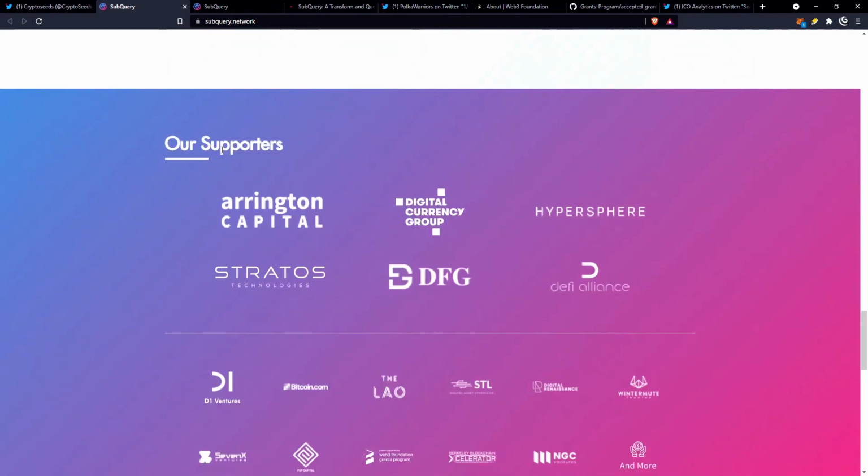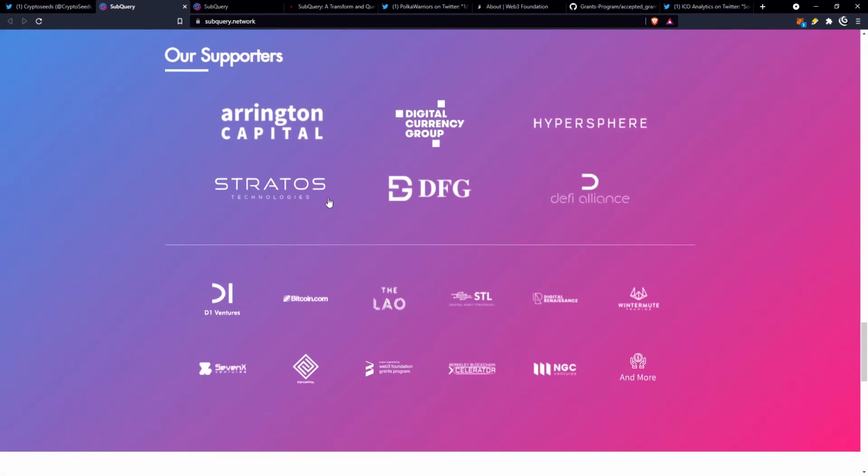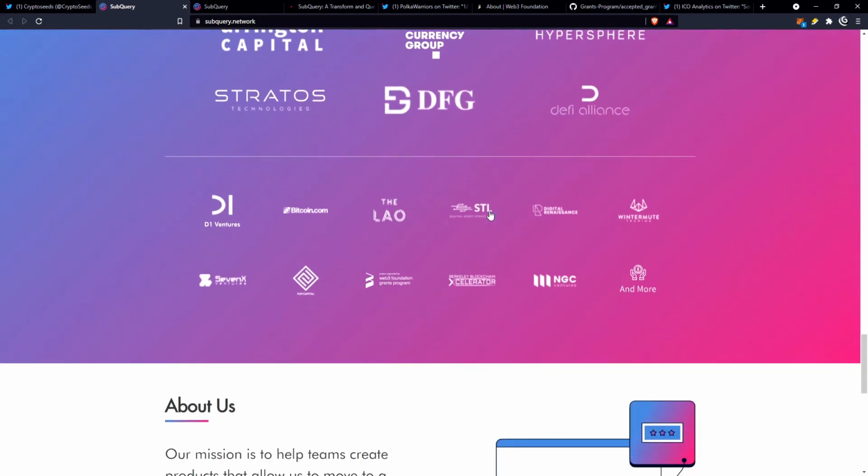And regarding the supporters, huge investors are investing, like Arrington XRP Capital, Digital Currency Group, DeFi Alliance, Hypersphere, Stratos Technologies, DFG, D1 Ventures, and one of the key investors is Web3 Foundation. So this project got a grant from Web3 Foundation. That is the core thing.